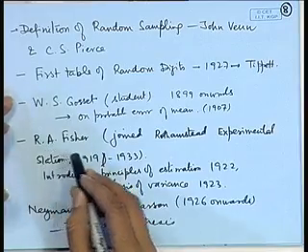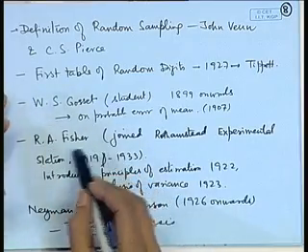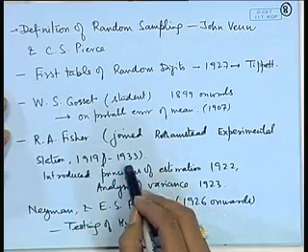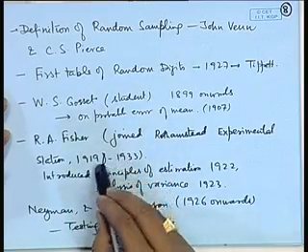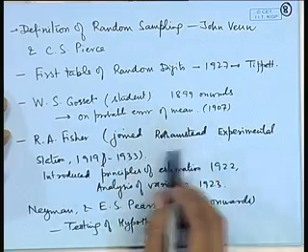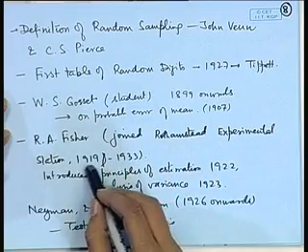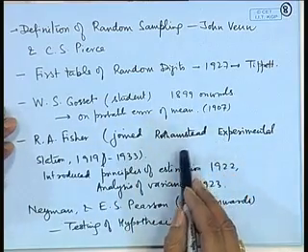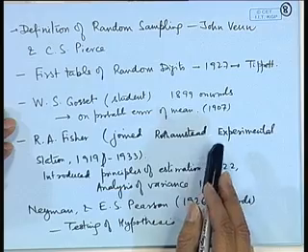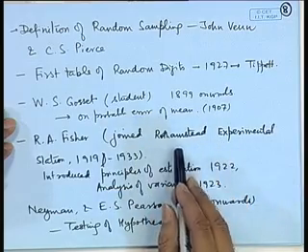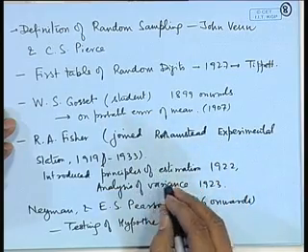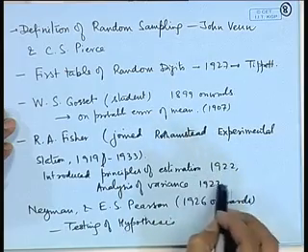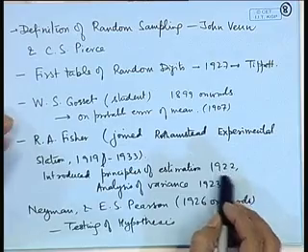One of the most profound influences on statistical theory and its development is by R.A. Fisher. He is known as the father of modern statistics. He joined Rothamsted Experimental Station in the year 1919, and he worked for several years in this experimental station, and there they conducted experiments in agriculture, and through his experiments he started developing the basic theory of statistics called Foundations of Statistical Inference, and his papers became very famous.